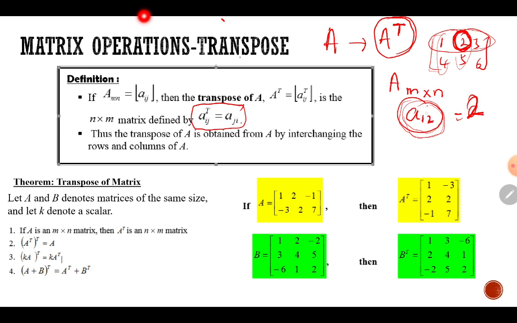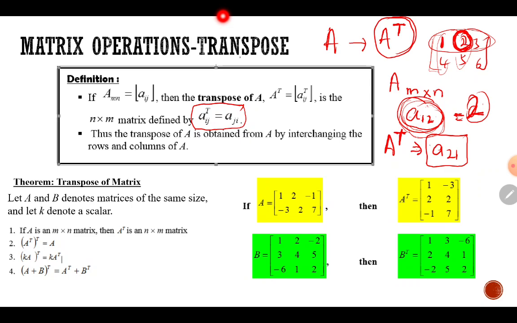Macam sekarang ni, A12 ni value dia 2, kan? Tapi bila kita cari A transpose, A12 ni dia transpose, dia akan jadi A21. Makna kata kalau transpose, 2 ni bukan lagi berada di A12 tapi dia akan berada dekat position A21. Faham tak? Okay, dia akan berada di position A21.